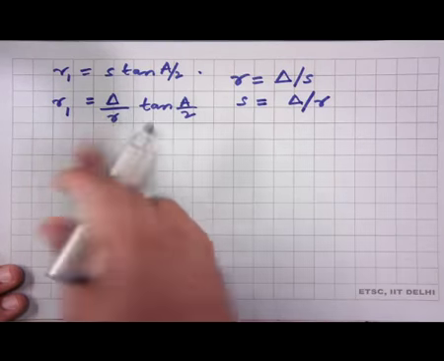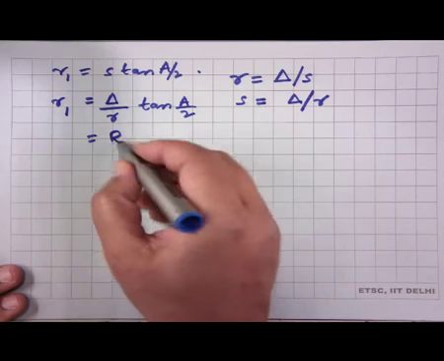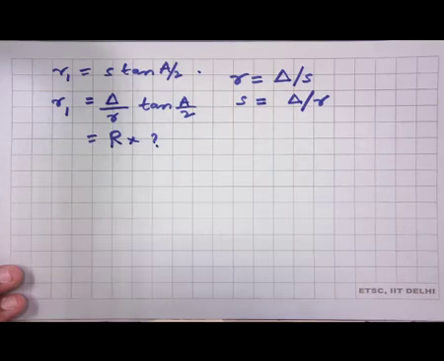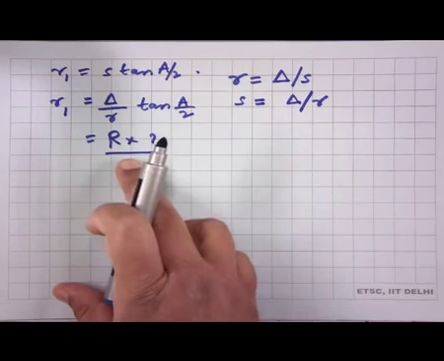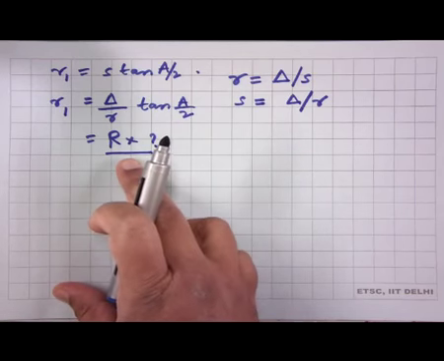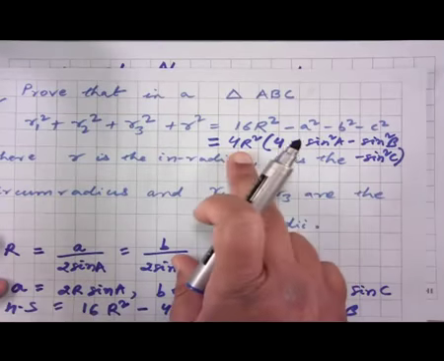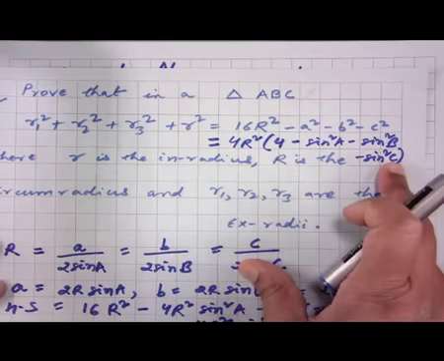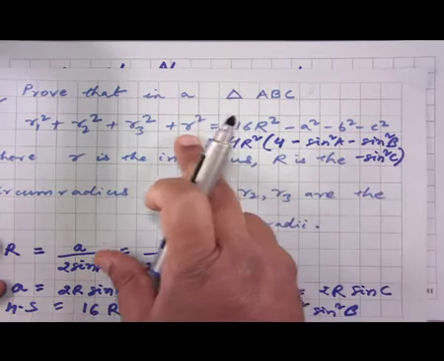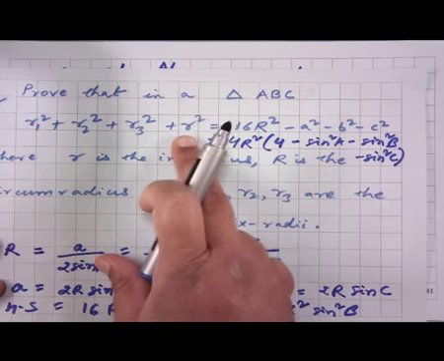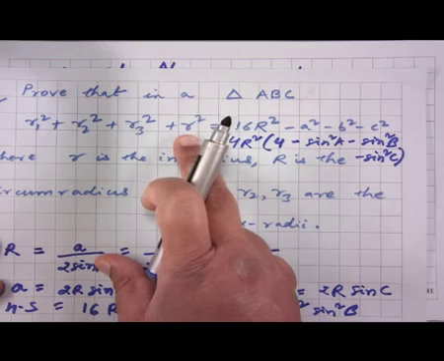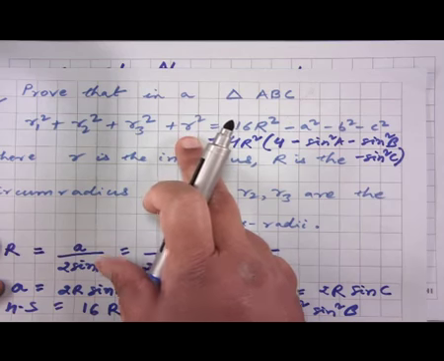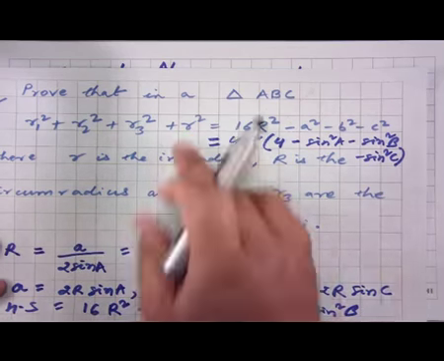But remember, we have to get this to be equal to the circumradius times something. The reason we want it like that is that we already got the right hand side to be r square times something, and we already saw that the square of the inradius can be written as 16R square times the product of the squares of the sine of the half angles.